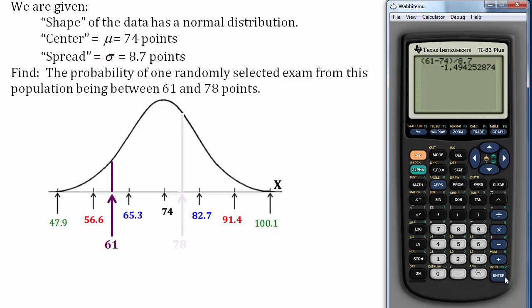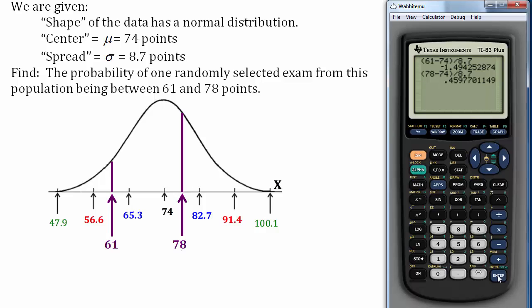And let's do the same thing for the upper bound. See, the upper bound is 78. Now, how did I know it was right there? Well, I knew it was between 74 and 82.7, but how did I know it was right where I pointed at? Well, as you would guess, I used the old z-score. If I took 78 and I subtract the center of 74, divide by the standard deviation 8.7, see how many times that fits in there?